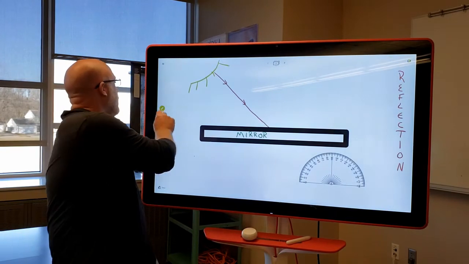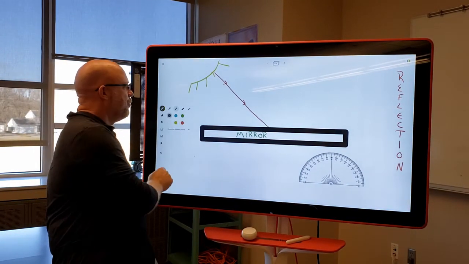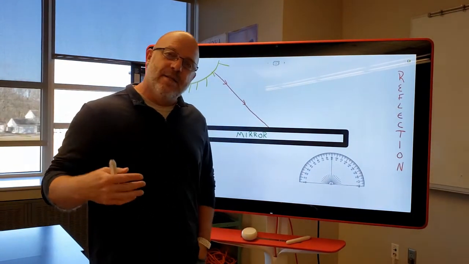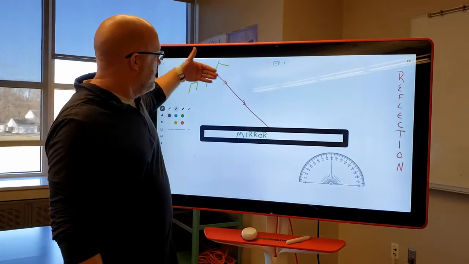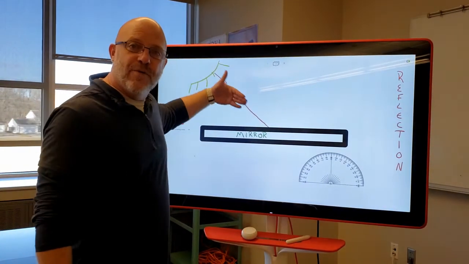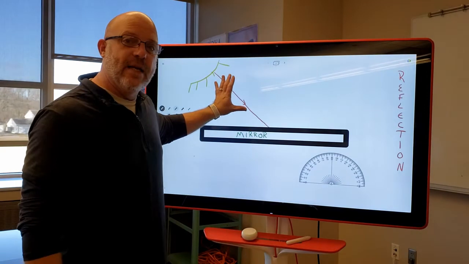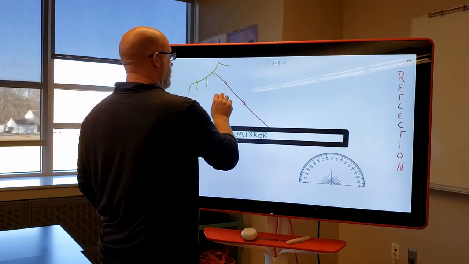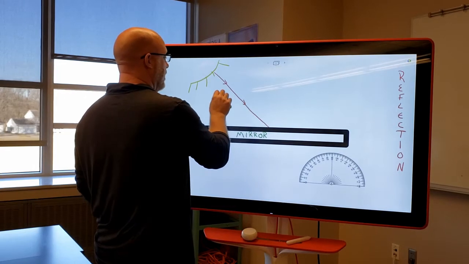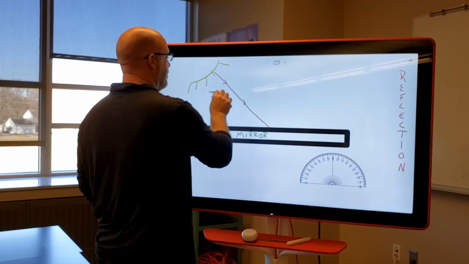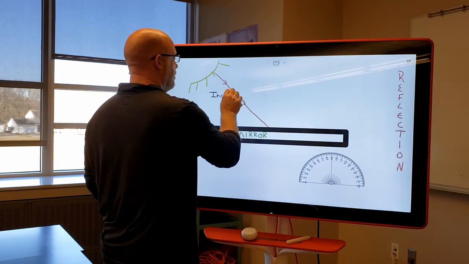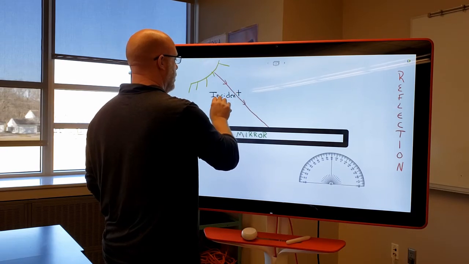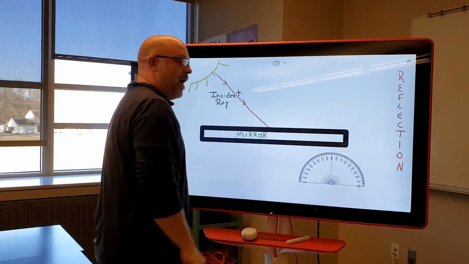To start with this one, we first want to start off with your first word, and that is ray. In this case, a single wave, especially in light, we call that a ray. The official word is incident.